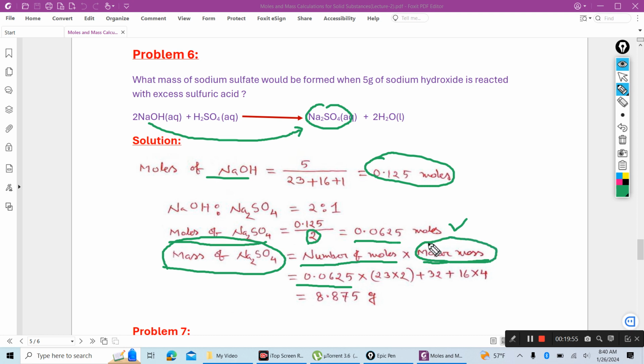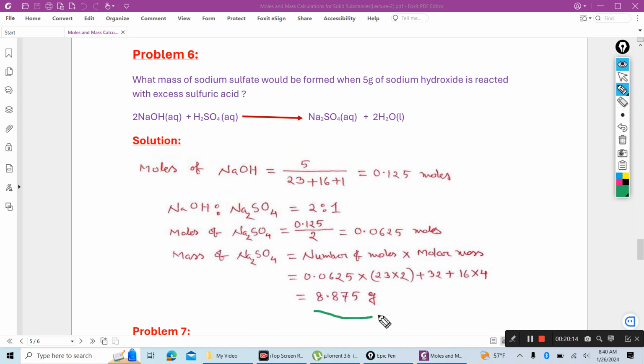Molar mass by adding all relative atomic mass: sodium 2 atoms, 23 times 2, sulfur 1 atom, so only 32, oxygen 4 atoms, 16 times 4. If I calculate, we get these values. 8.875 gram of sodium sulfate will be produced.